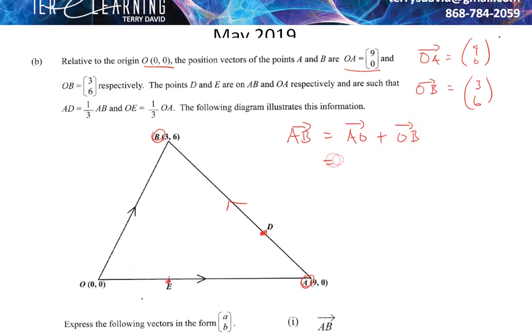But the vector OA is 9, 0, so the vector AO is the reverse direction. So it's minus 9, 0 plus OB, which is 3, 6. Minus 9 plus 3 gives me minus 6, and 0 plus 6 gives me 6. The vector AB is simply minus 6 and 6.